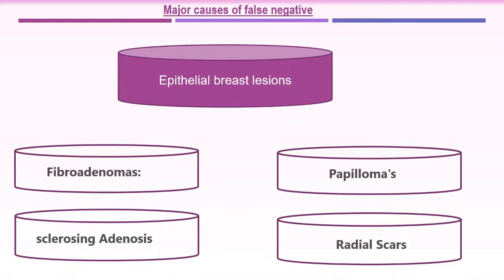Three of them are proliferative, while one is non-proliferative. Which one is non-proliferative? Radial scar. Who said the radial scar? Medina. Why did you select radial scar? Is fibroadenoma a proliferative lesion?